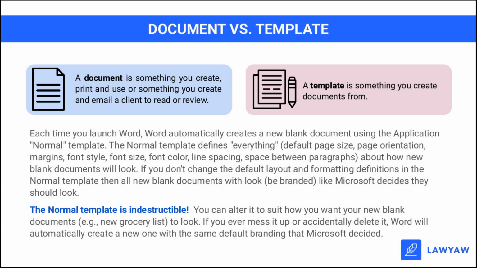If you don't change the default layout and formatting definitions in the normal template, then all new blank documents will look, or be branded, like Microsoft decides they should look. The normal template is indestructible. You can change it and alter it, and if you mess it all up, you can simply delete it, and the next time you launch Word, it will create a new normal template, and again, all the branding will look like Microsoft wanted it to look.